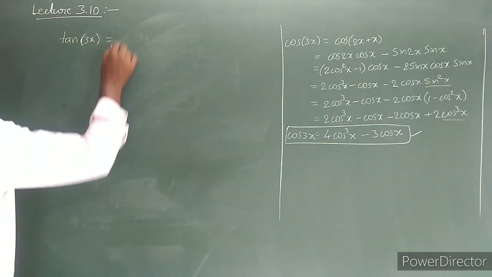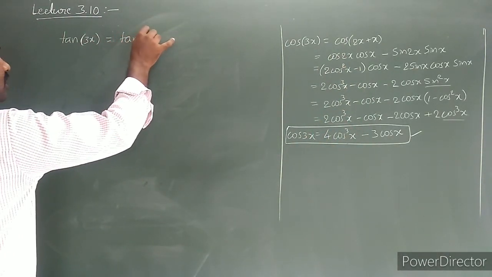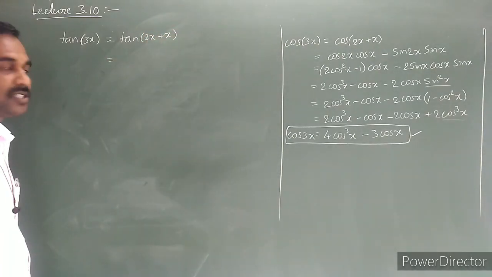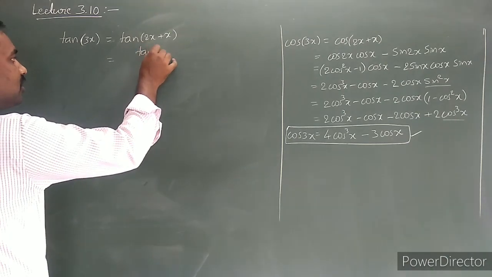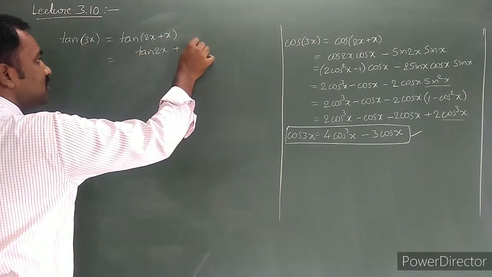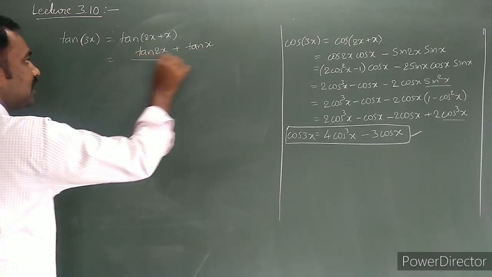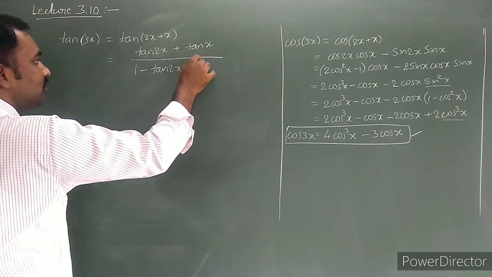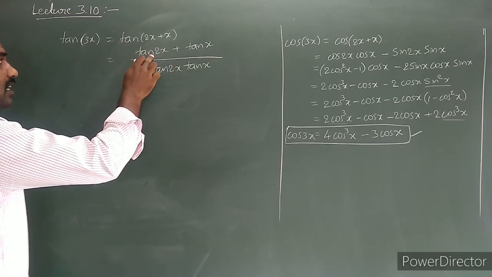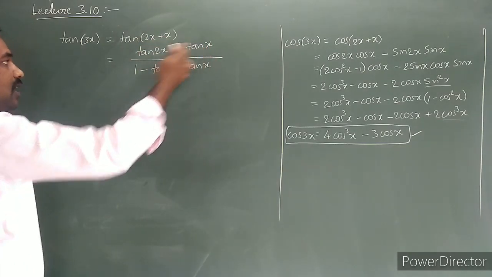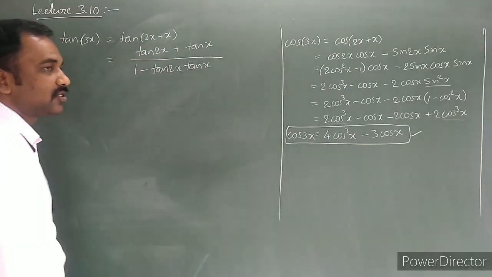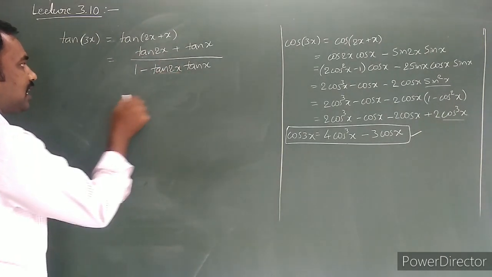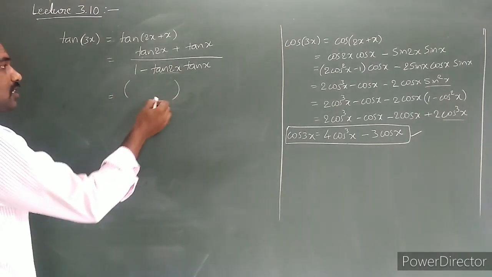Tan 3x we can write as tan of 2x plus x. This is of the form tan of x plus y, which is tan 2x plus tan x divided by 1 minus tan 2x into tan x, because tan x plus tan y divided by 1 minus tan x into tan y is the formula. Now again replace the tan 2x value. What is the tan of 2x value?